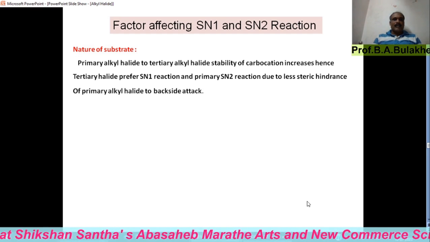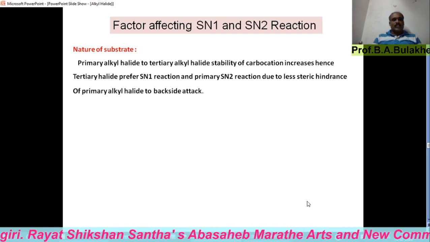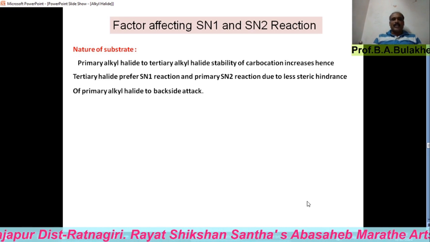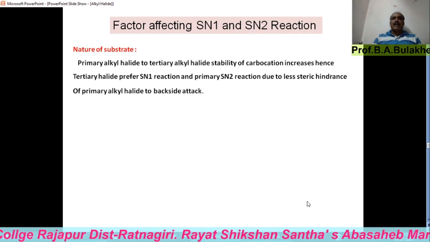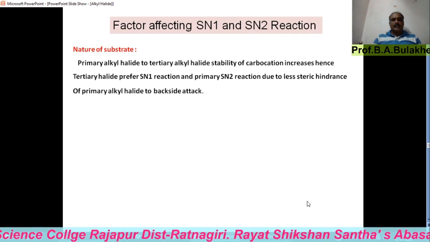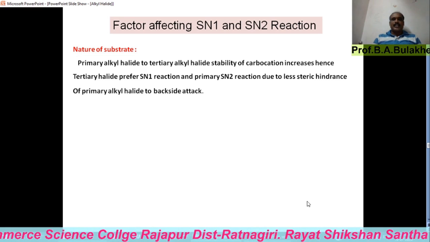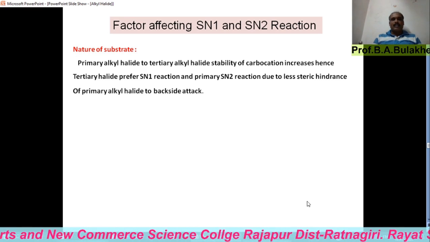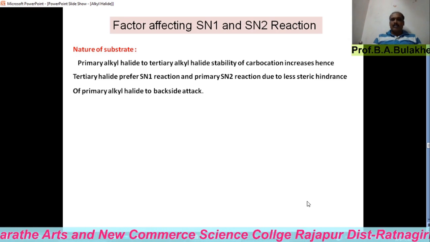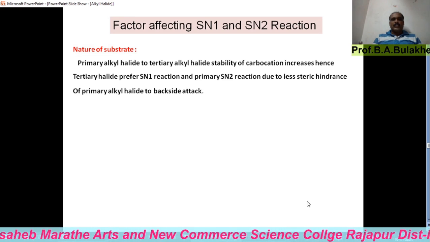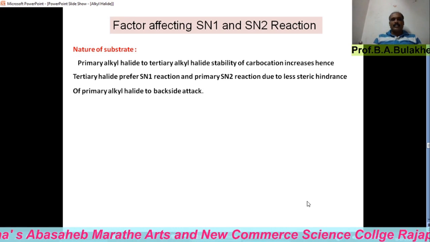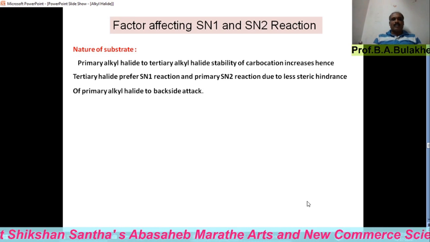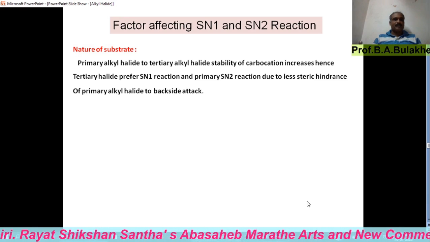Going from primary alkyl halides to tertiary alkyl halides, the rate of SN1 reaction increases because the carbocation stability also increases. Hence, tertiary alkyl halides prefer SN1 reaction and primary alkyl halides prefer SN2 reaction, due to the less steric hindrance of primary alkyl halides, which favors the rate of SN2 reactions.